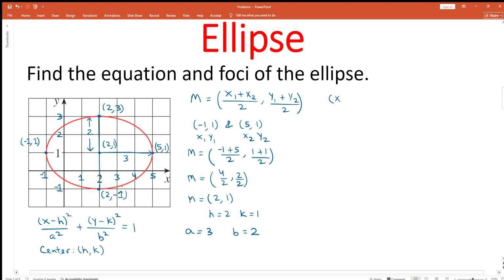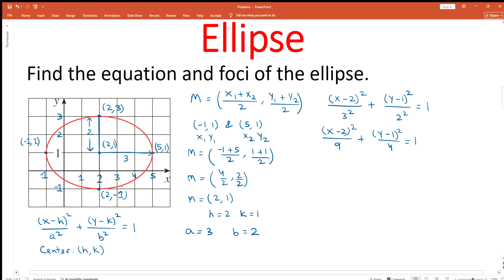I get (x minus 2) square over 3 square plus (y minus 1) square over 2 square equals 1, because h is equal to 2, k is equal to 1, a is equal to 3, and b is equal to 2. We can evaluate 3 square and 2 square. This should be the final answer for the equation of this ellipse.